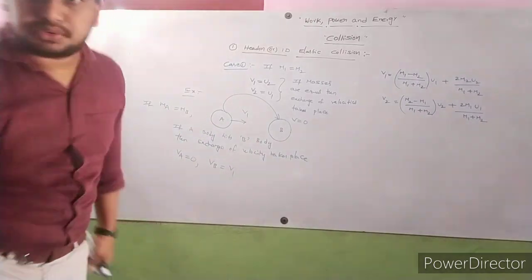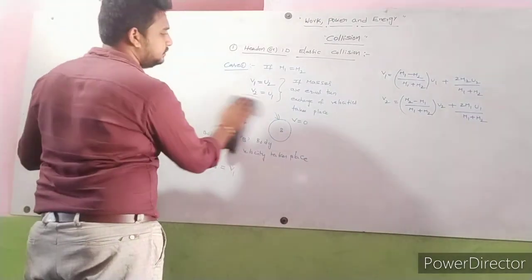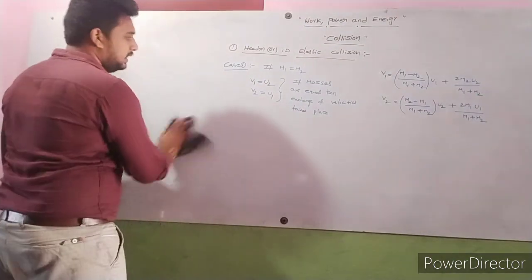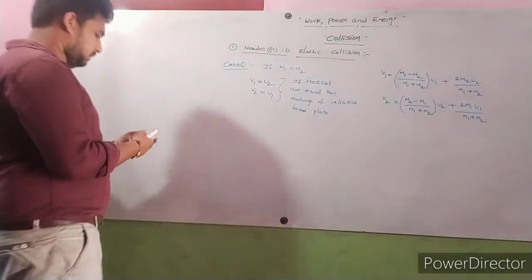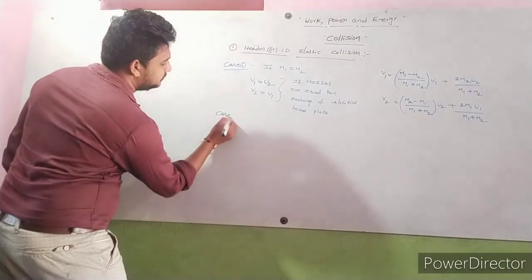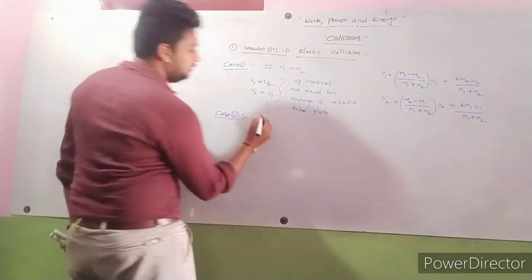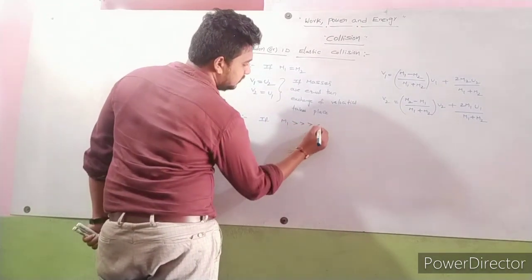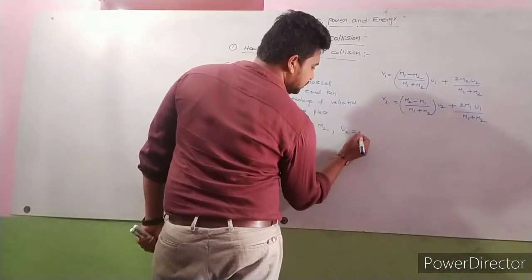Next, case 2. If m1 is greater than or equal to m2 and u2 is equal to 0.